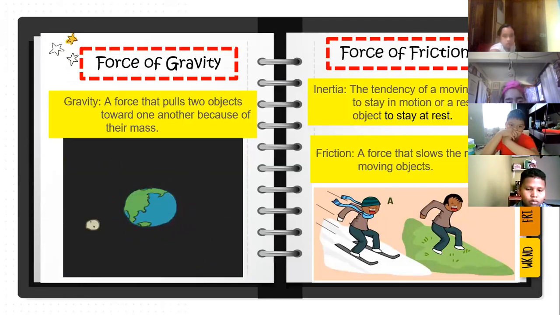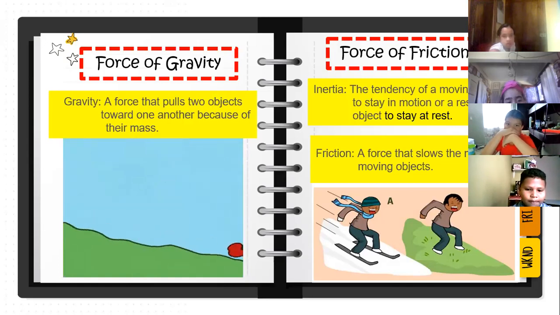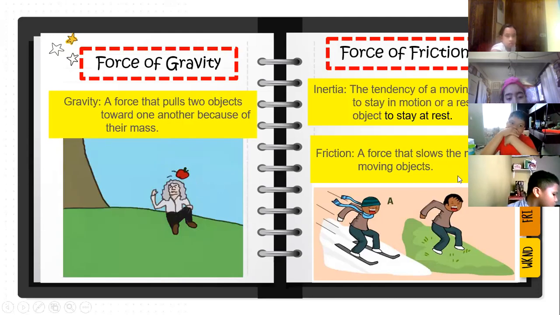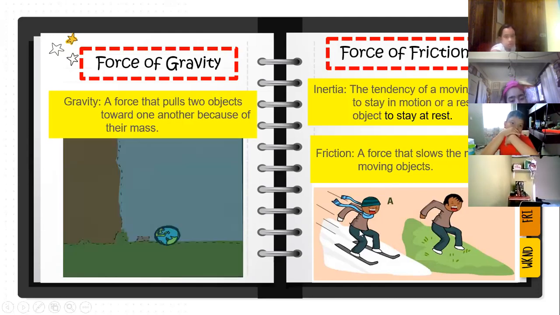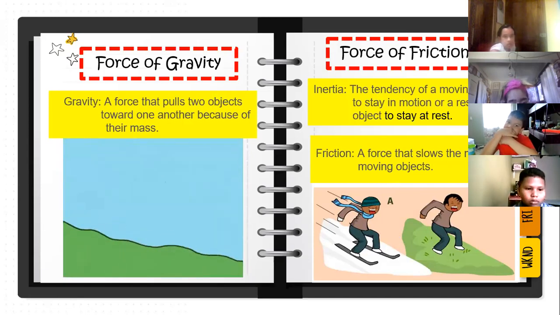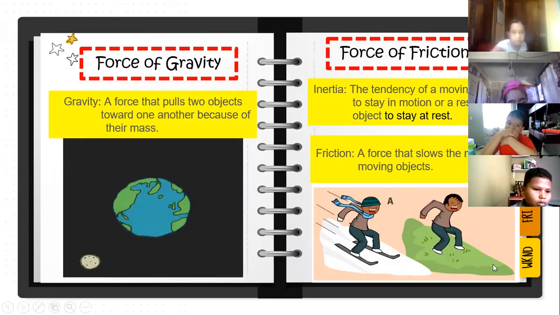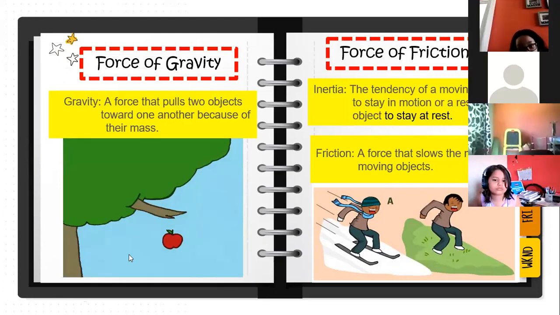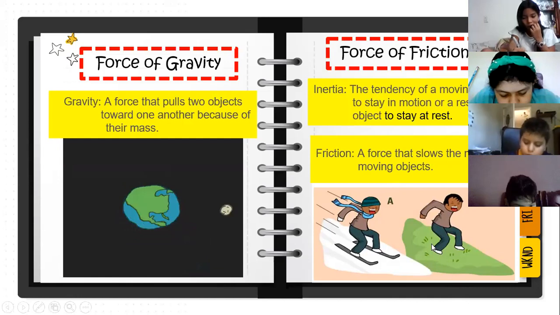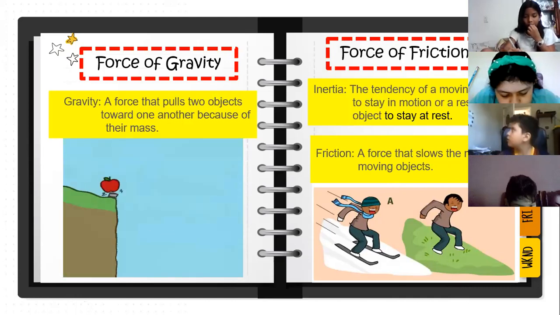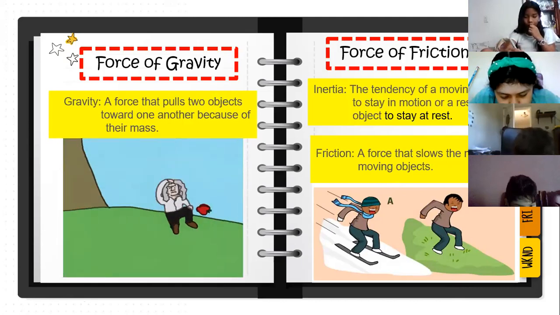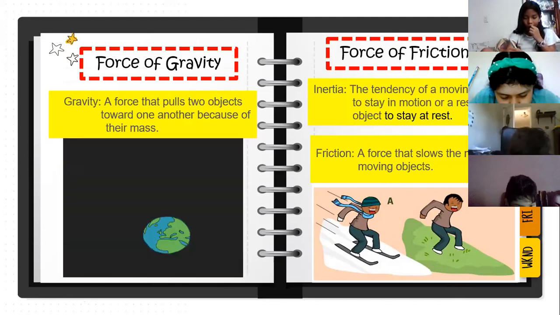But the object can start moving, and that is also inertia. Friction. Friction is a force that slows the motion of a moving object. Like the bicycle. When we press the brakes on a bicycle, or when we press the brake in the car, what happened? The cars and the bicycles slow down because of the brakes. ¿Cómo funcionan los frenos?